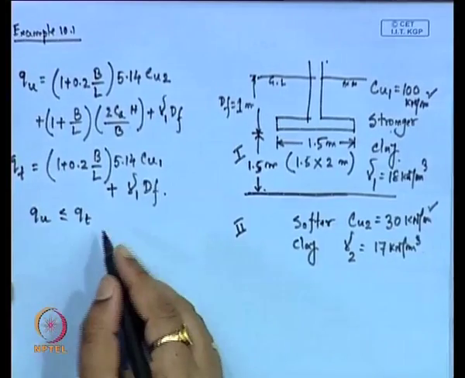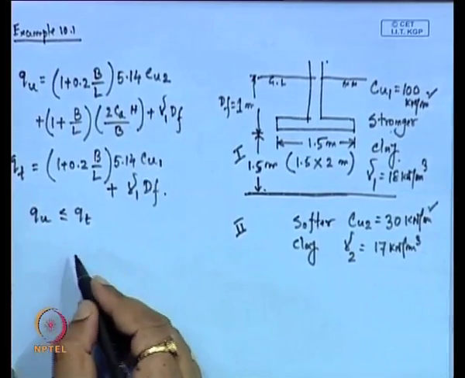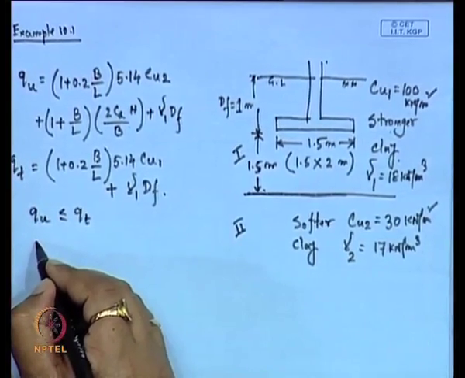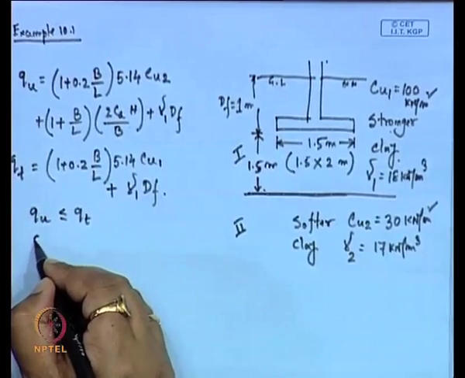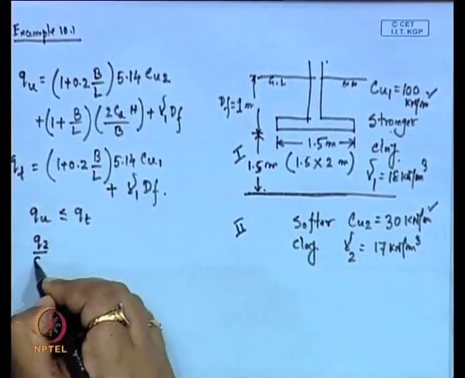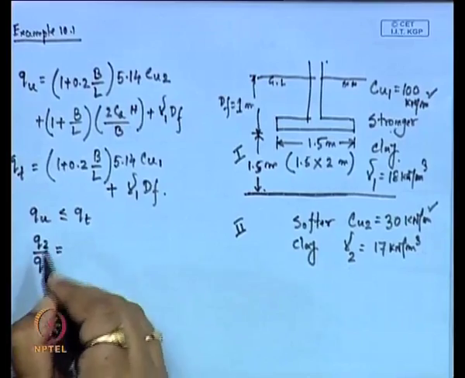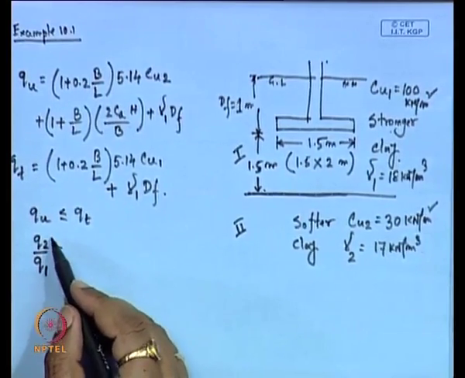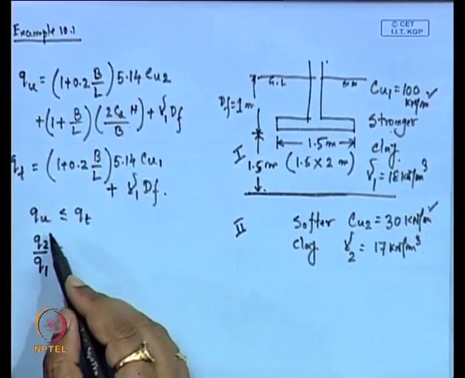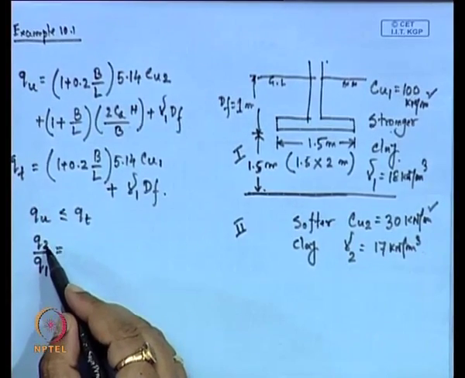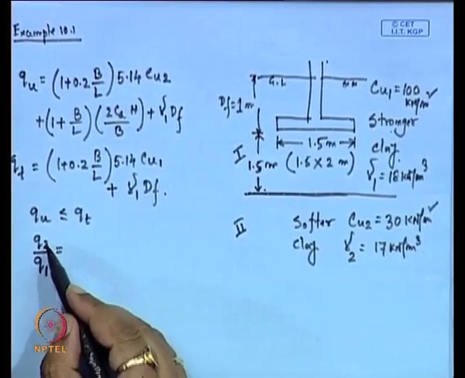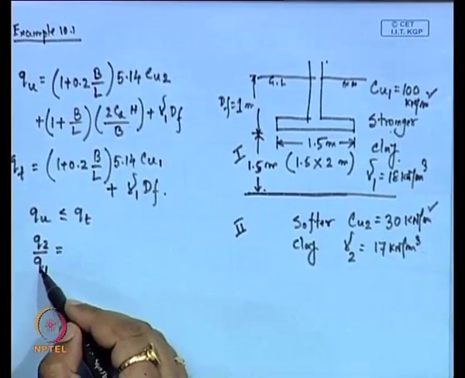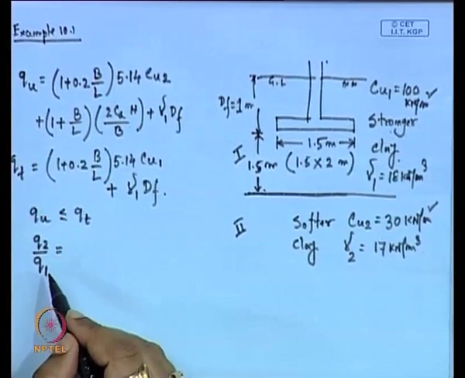So, now the calculation part. Here it is derived that q2 by q1, that is, if the footing is placed on the surface, the bearing capacity of the surface footing in the second layer divided by the bearing capacity of the surface footing in the first layer.